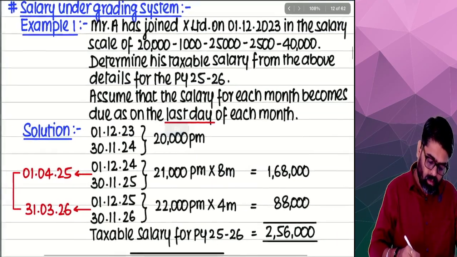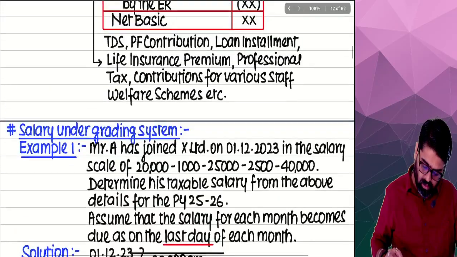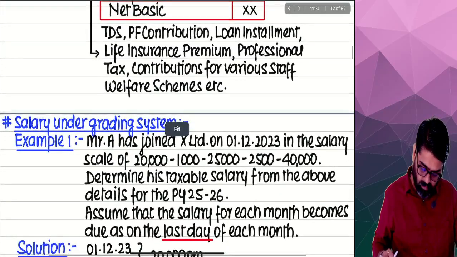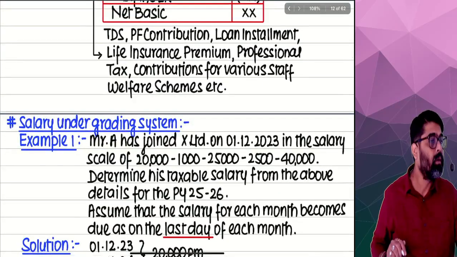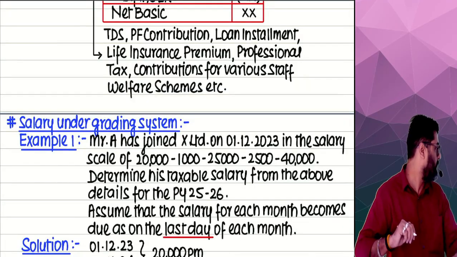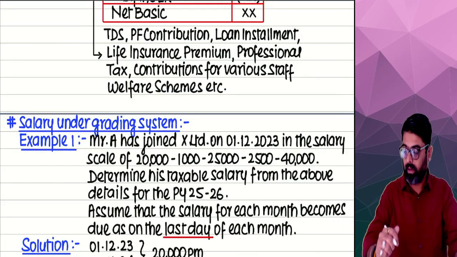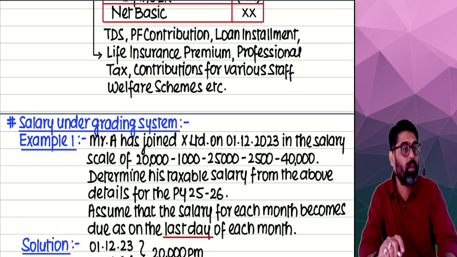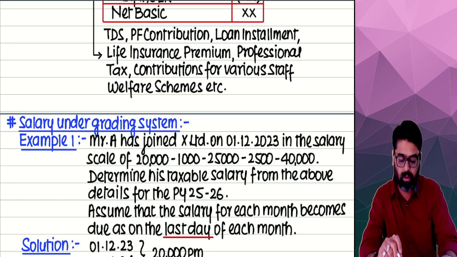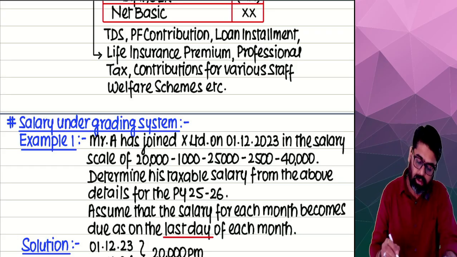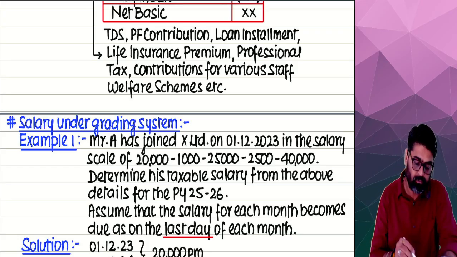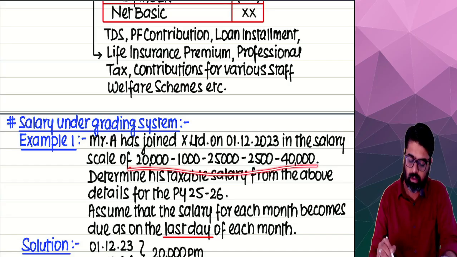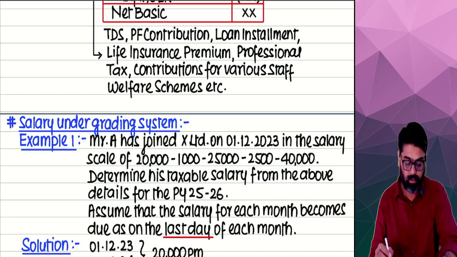Now, with this example you're supposed to calculate the basic salary. Come on, do it fast. The example is in front of you. Mr. A has joined X Limited on 1st of December 2023 in the salary scale of 20,000, 1,000, 25,000, 2,500 and 40,000.